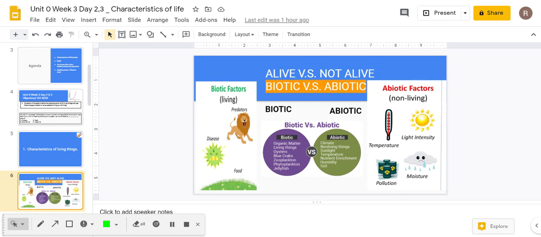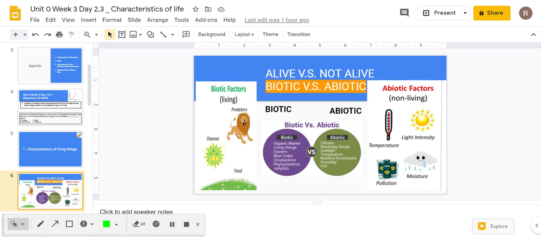Same with light intensity. The sun is not a living thing. It is simply part of our environment that helps things live, but it is not itself living. Same with pollution and water or moisture. They are not living things, but they help living things stay alive. So that's the difference between biotic and abiotic.